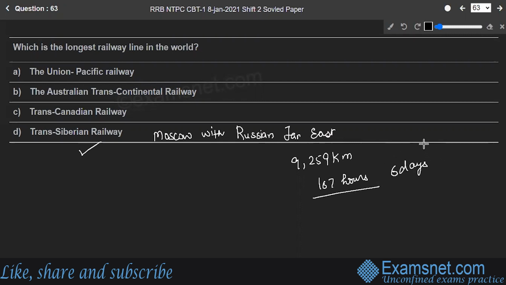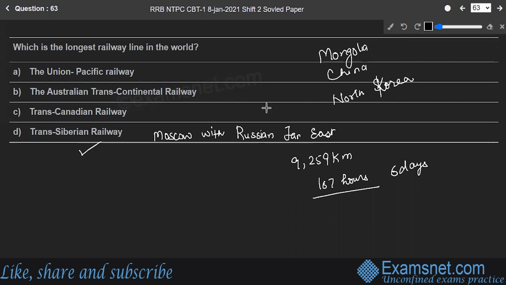This railway line has connected Moscow with Vladivostok since 1916 and is still being expanded. There are also branch lines to Mongolia, China, and North Korea. This railway played an important role in World War II in supplying the powers fighting in Europe.